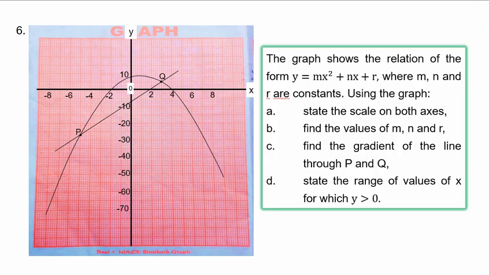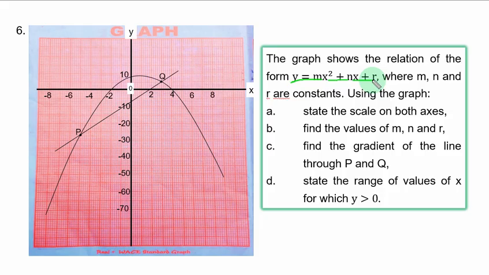Question 6. The graph shows the relation of the form y equals ms squared plus ns plus arrow, where m, n, and arrow are constants. Using the graph, A, state the scale on both axes.